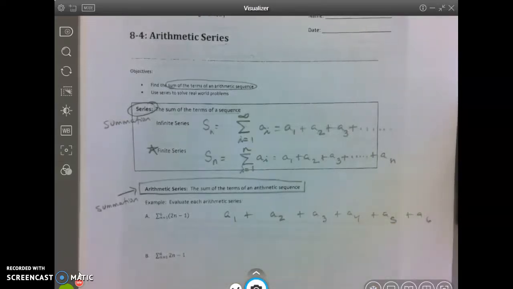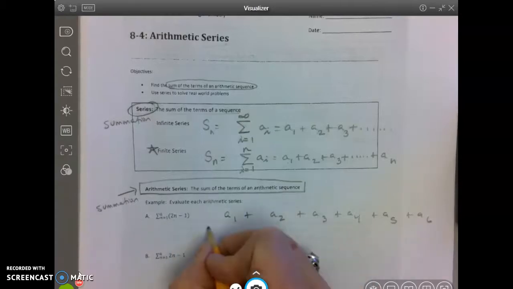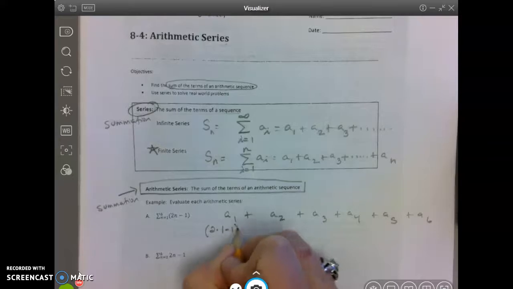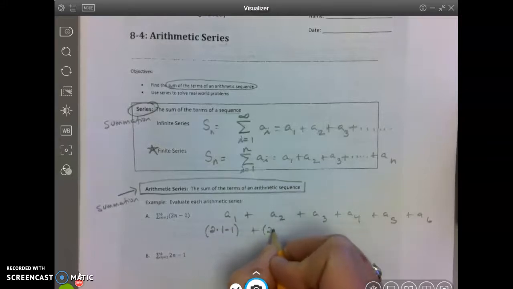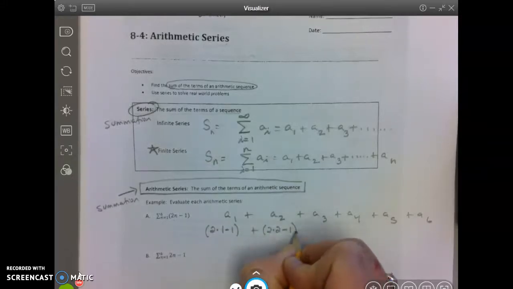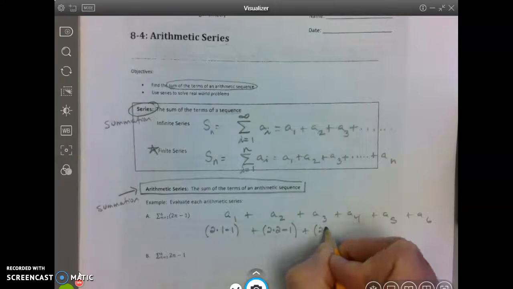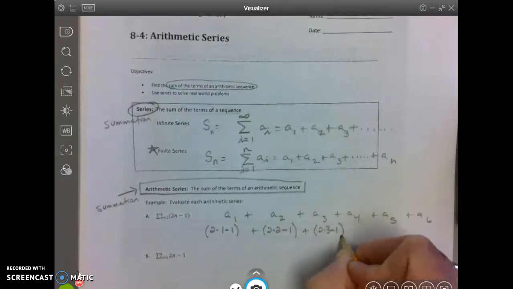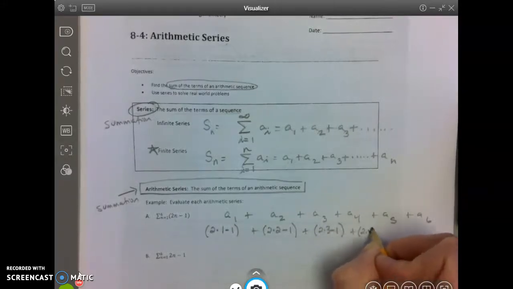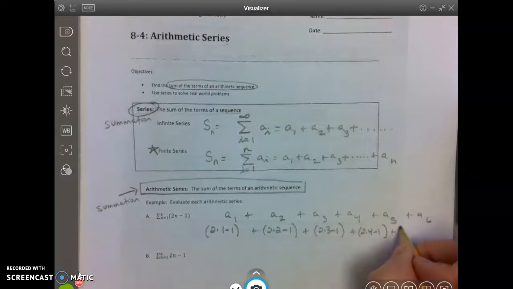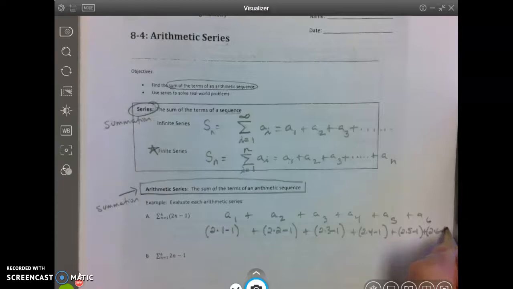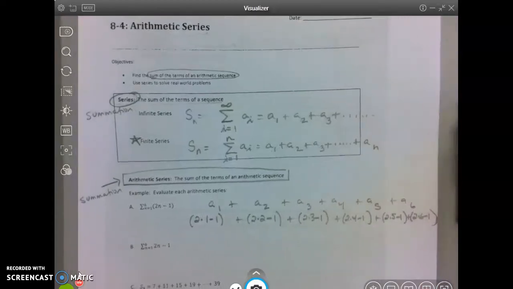That's all we do. So the first term would be 2 times 1 minus 1. This is going to be 2 times 2 minus 1. This would be 2 times 3 minus 1, 2 times 4 minus 1, 2 times 5 minus 1, 2 times 6 minus 1.